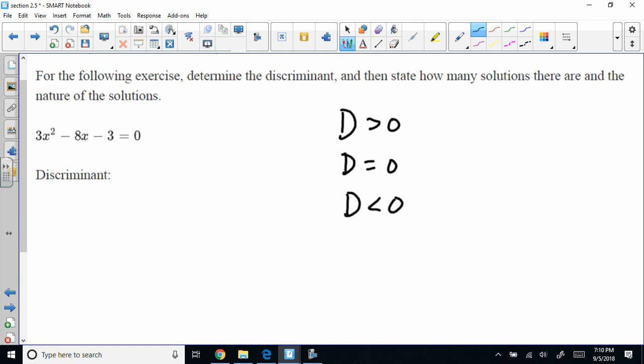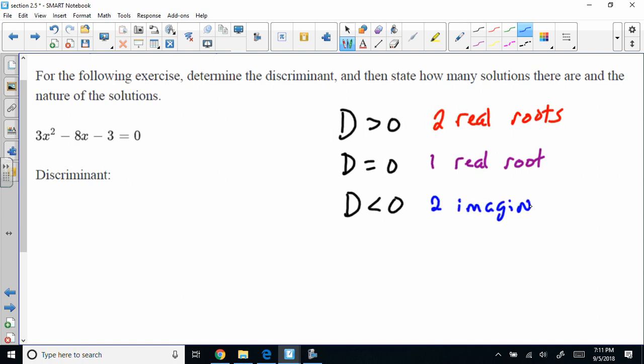Are you okay with that? So that means 2 real roots, 1 real root, and then of course if it's less than 0, then you have 2 imaginary roots.